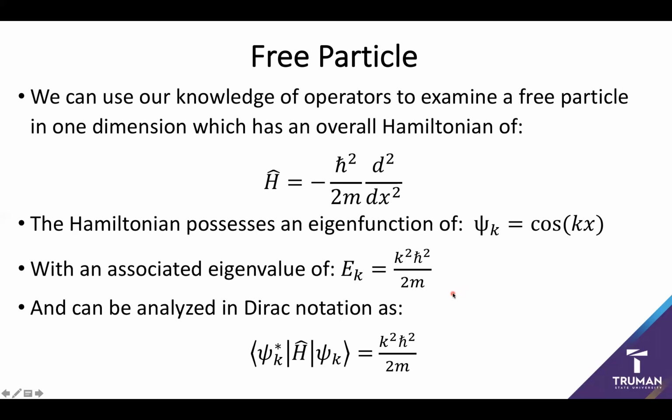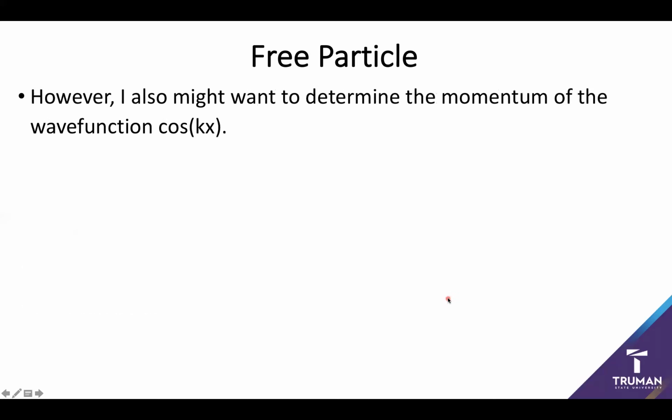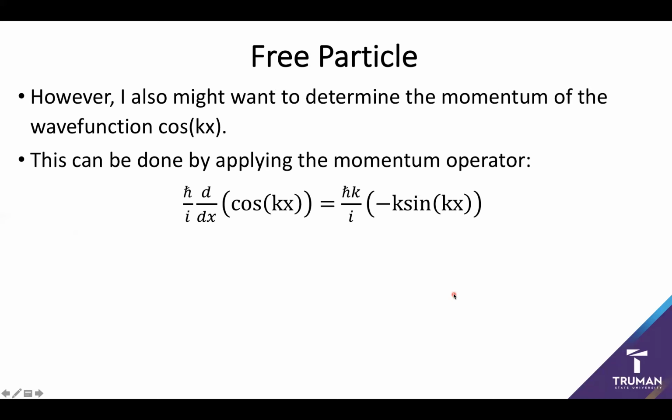However, I might not just want to know the energy of the system. I might want to know other properties. A simple one is the momentum of this wave function. I can determine it by applying our momentum operator, h bar over i, first derivative.